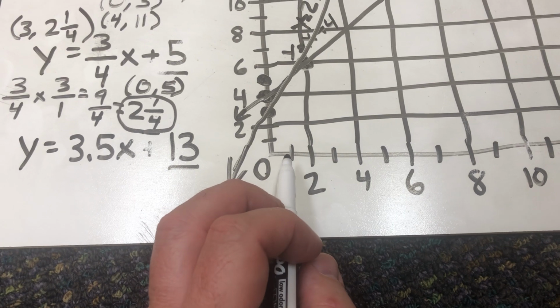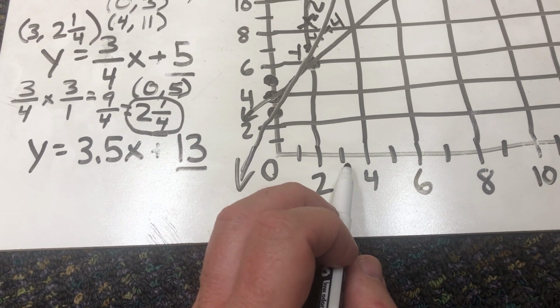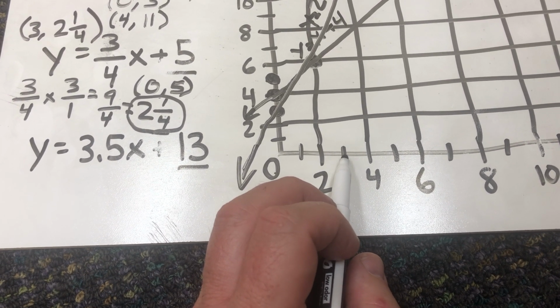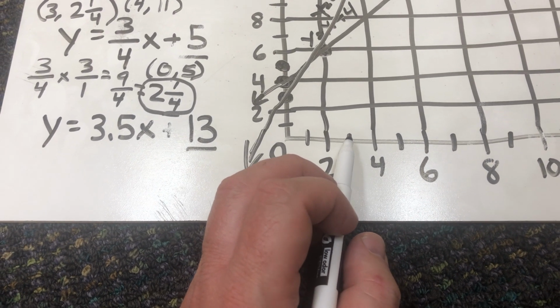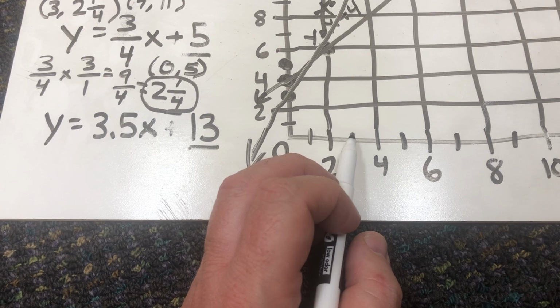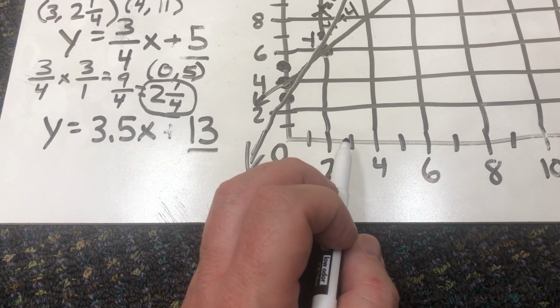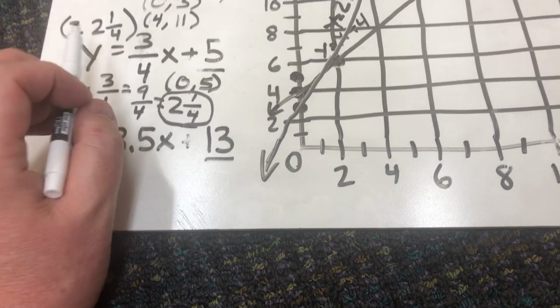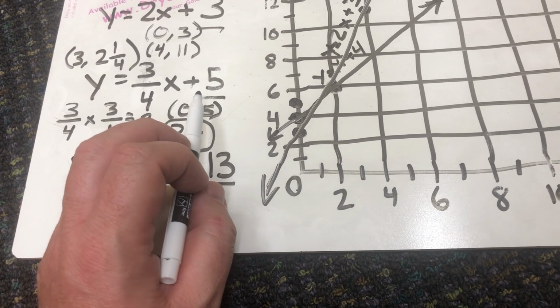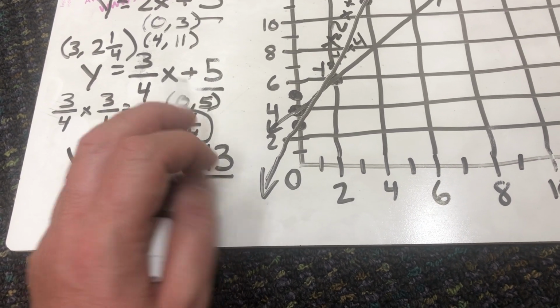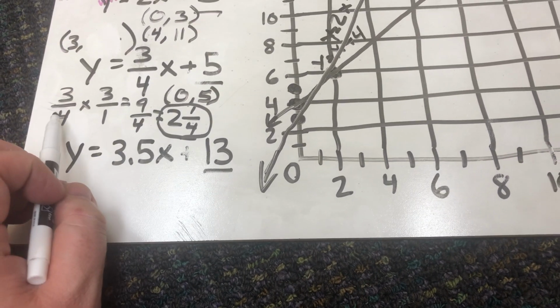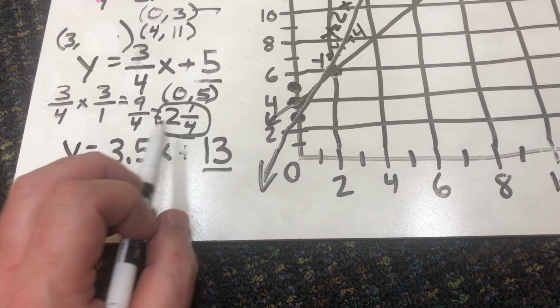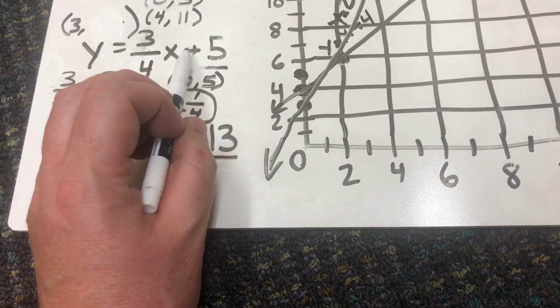So I'm going to have x being 3, and then y being... no, correction. I made a mistake. I forgot to add the 5. I knew that didn't sound right. Sorry. Let me rewind. I did the 3/4 times 3. That's 9 over 4, or 2 and 1/4. But I need to add the 5.